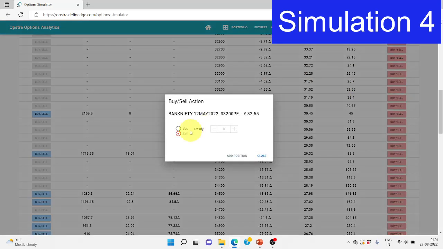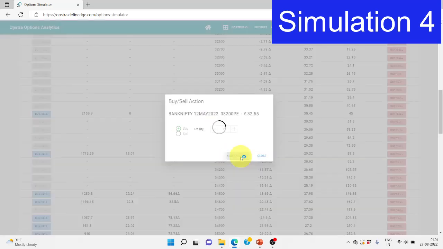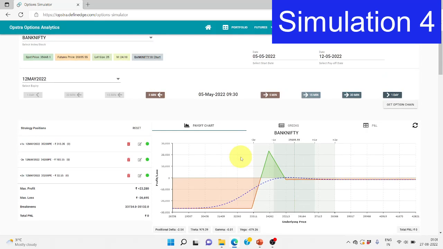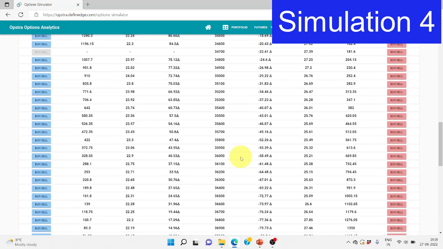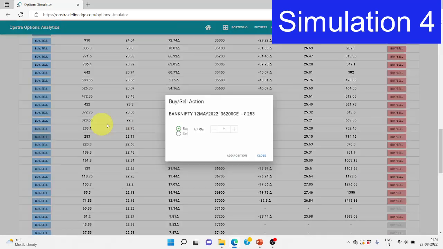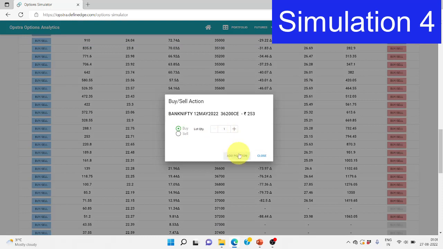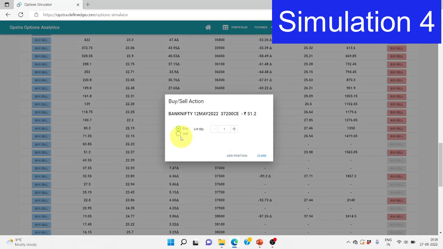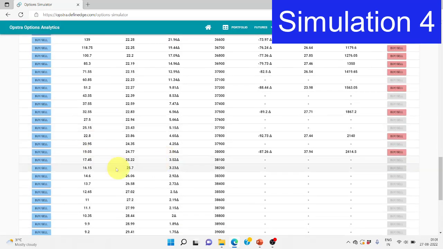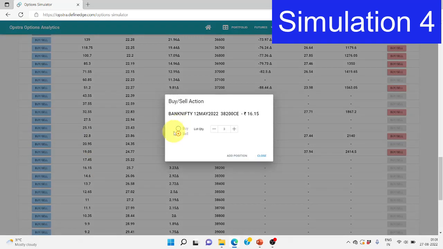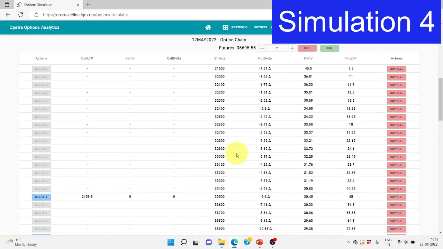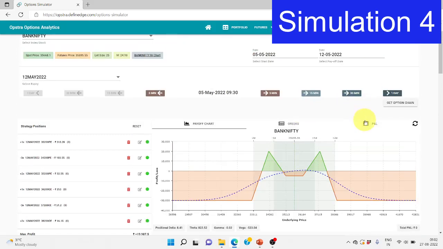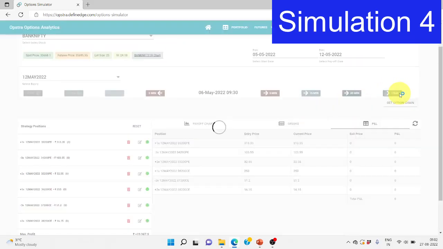At 33,200 we are going to buy 2 lots, and 36,200 1 lot. 37,200 3 lots. 38,200 2 lots. Now this is a case where the market kept on going in one direction.